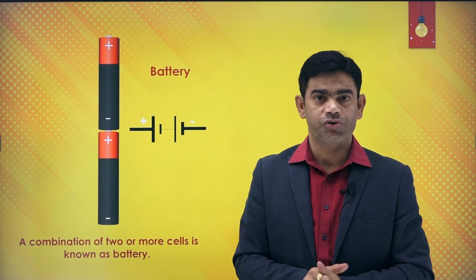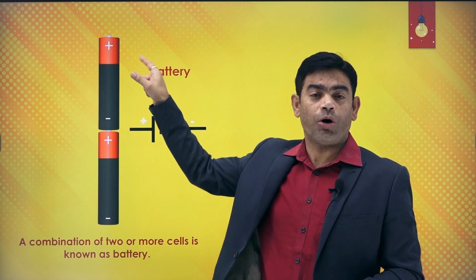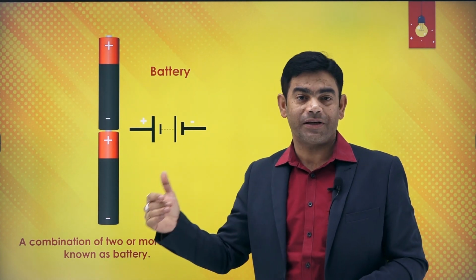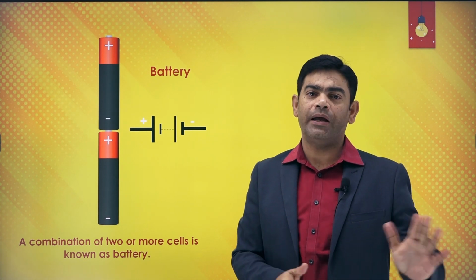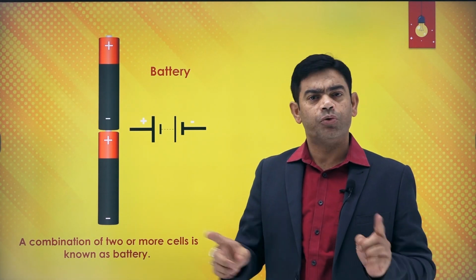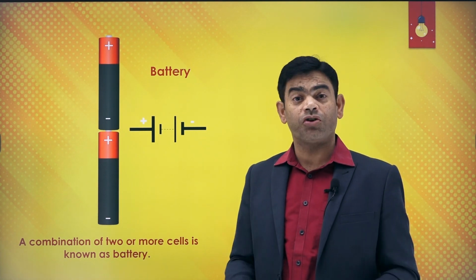Somewhere a battery is also used. Whenever a combination of two or more cells is used, we call it a battery. You must have heard of mobile battery, and cell; both are the same kind of thing, both give you electricity, both are a source of electric current.